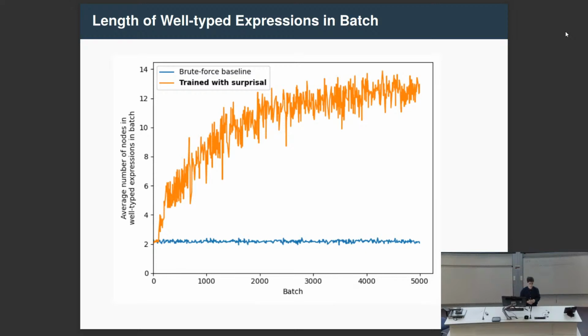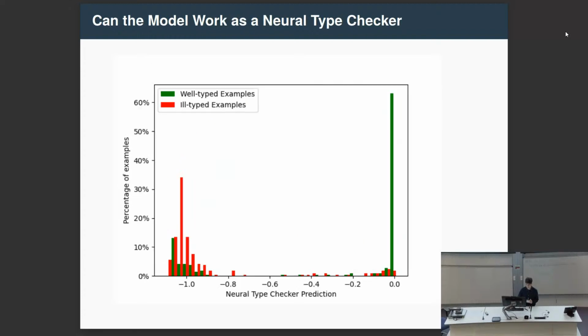Now here is the graph I was referring to earlier, where I said we don't need to shape the rewards further to encourage longer expressions, since the model now automatically finds the shorter expressions boring, quote unquote, and tries to search for longer and longer well-typed expressions.